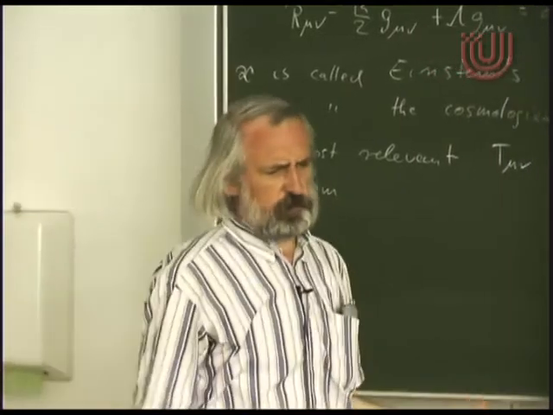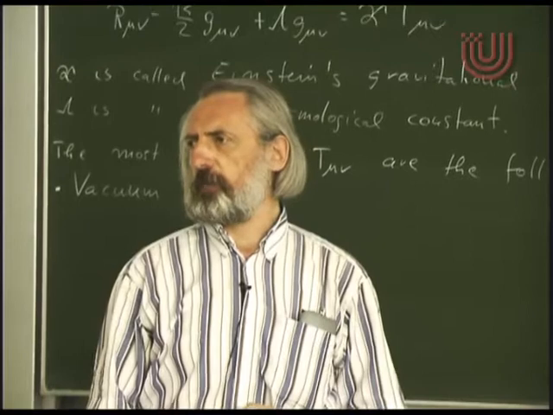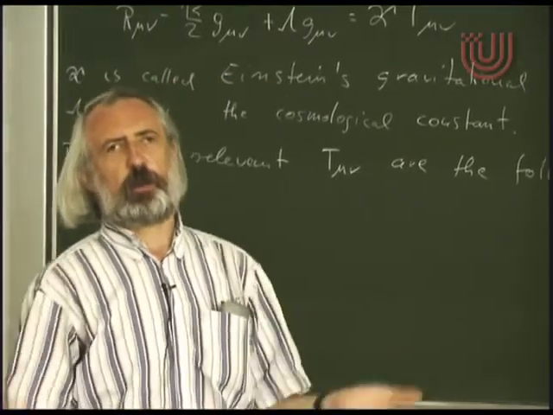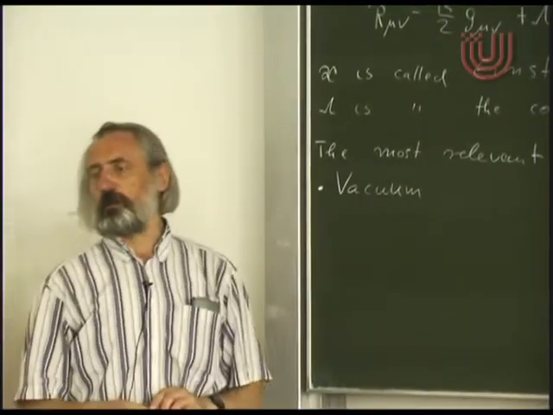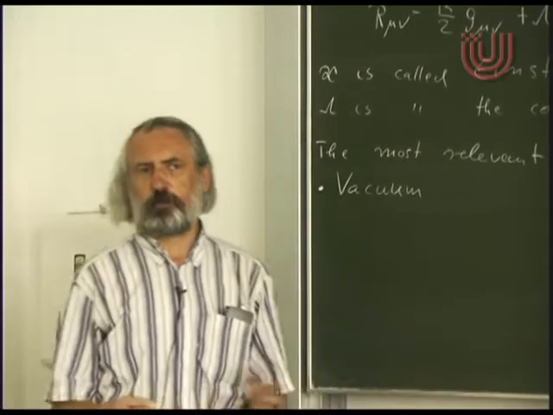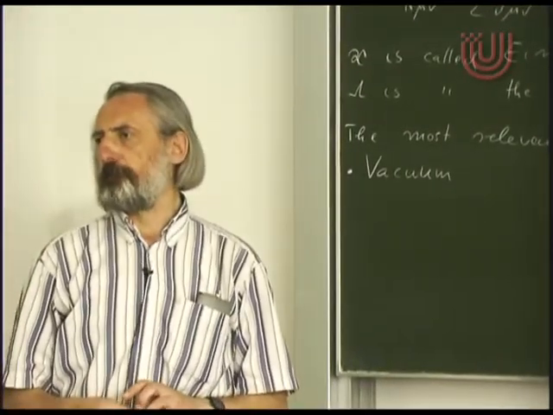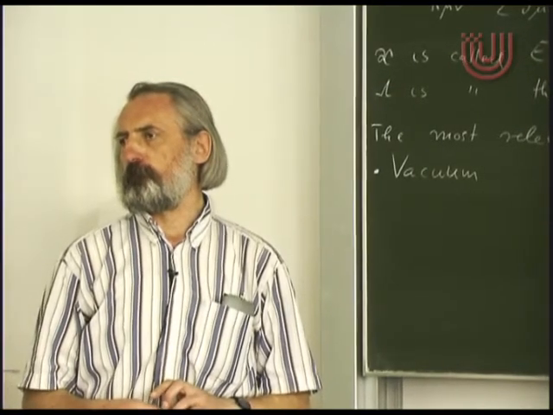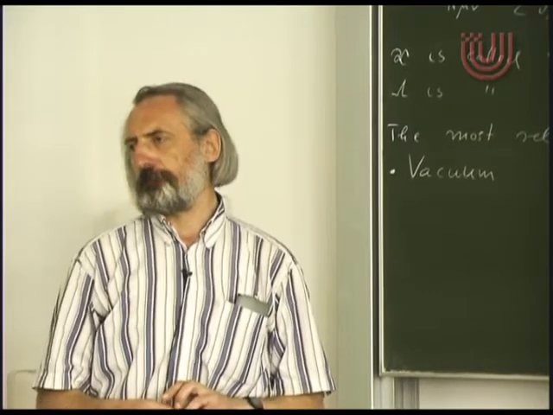What would you think? For which object would this be a reasonable assumption? So something which exists in nature, which is of relevance, for which we want to use the theory, and where we have the 0 on the right-hand side of Einstein's field equation. Could you think of a physical situation where this is relevant? Think of a star.